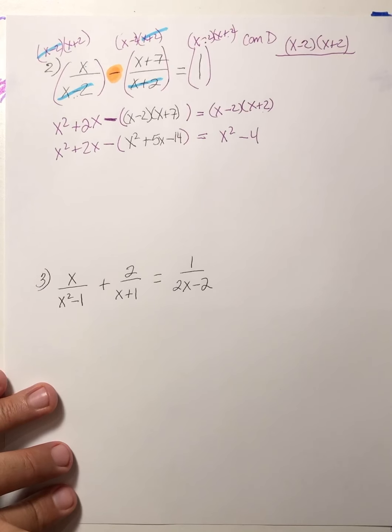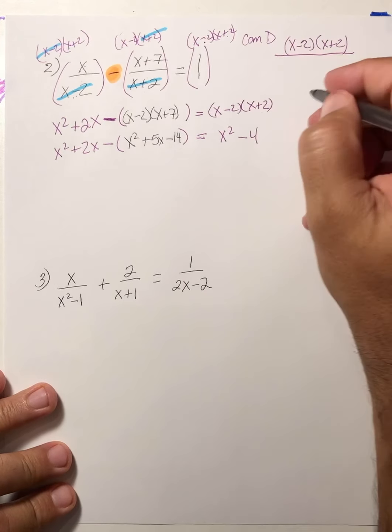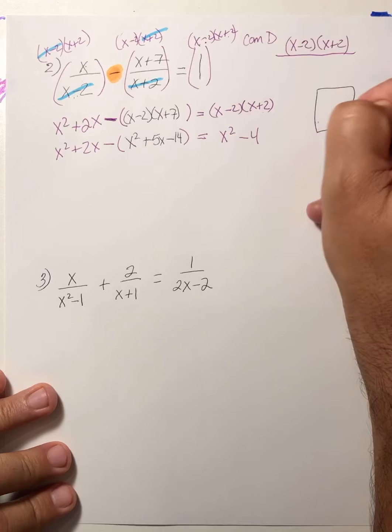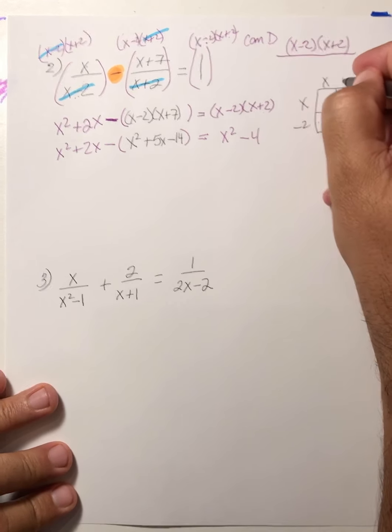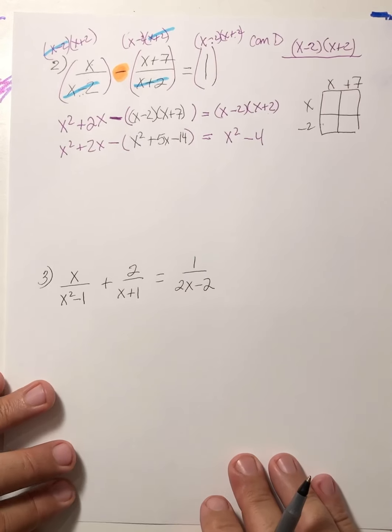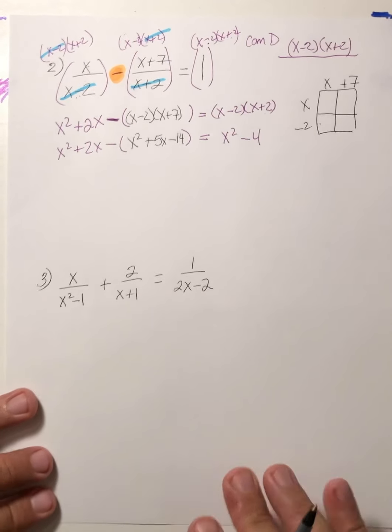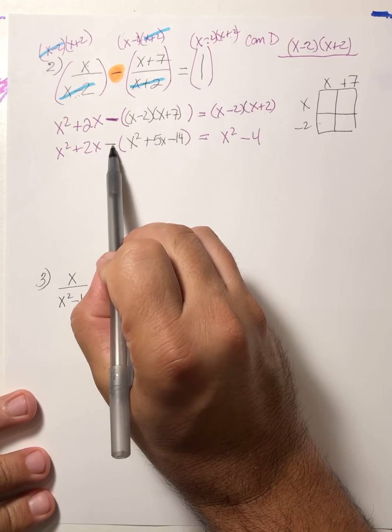Okay, if you're not sure where that came from, do your little box. I'll set it up. So I got x minus 2, x plus 7. You guys can multiply that out. Here I have to distribute my negative.